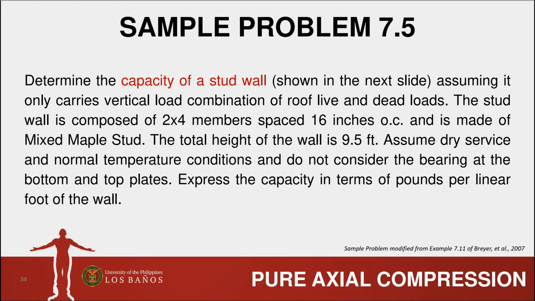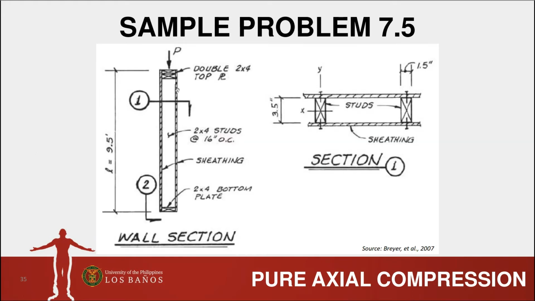So you can see here is the front view of the stud. As you can see here, we have a wall sheeting on both sides, and on the bottom we have a single 2-inch by 4-inch bottom plate, while on the top we have double 2 by 4 top plates.